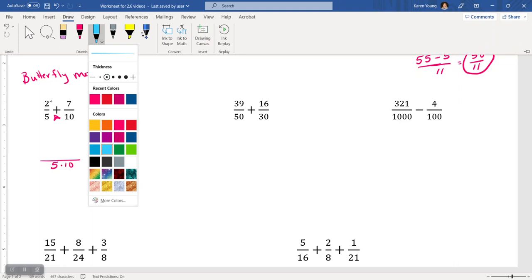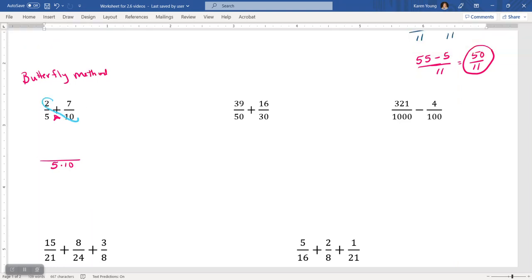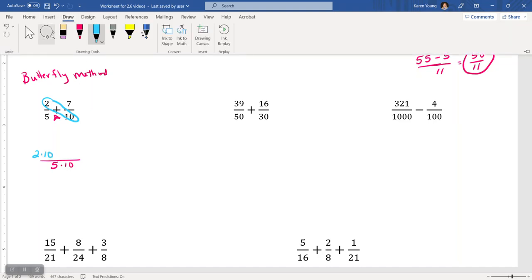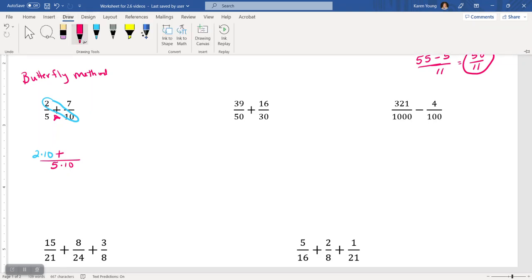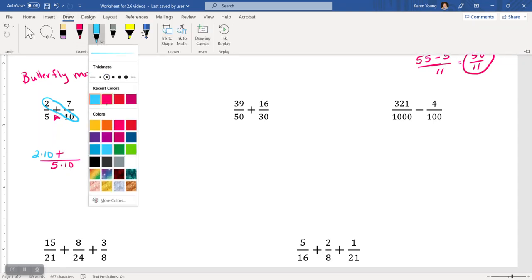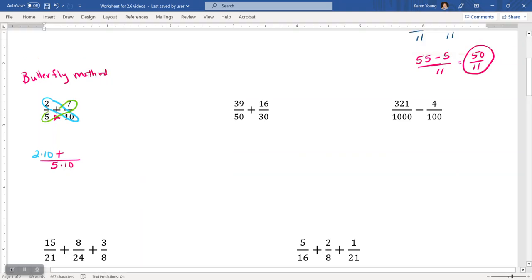So I'm going to take the top left times the bottom right. So I have 2 times 10, still plus, and then I'm going to have the bottom left times the top right, 5 times 7. And if you'll notice, it kind of gives you a butterfly. Got to use your imagination.